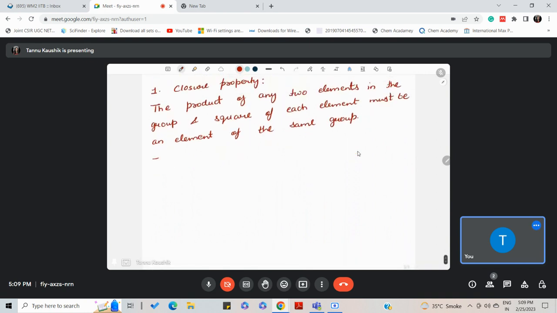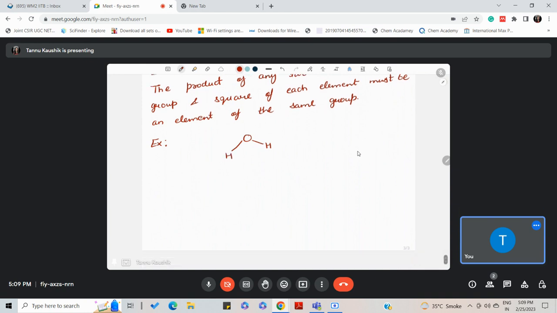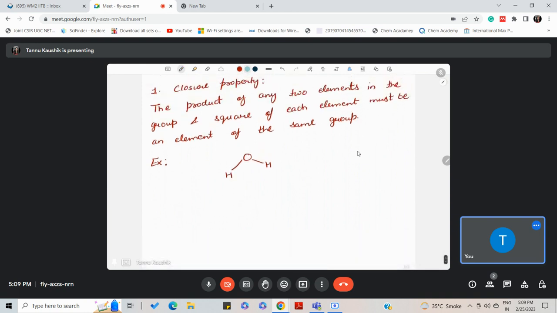Okay. So let us take an example now. We are taking water. So just label the hydrogen atoms here. What are the symmetry operations present? Like in which point group this H2O falls into?